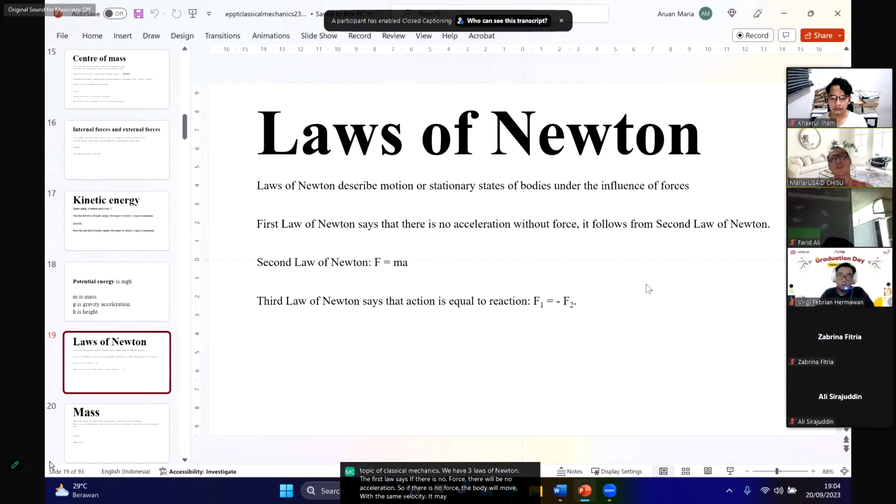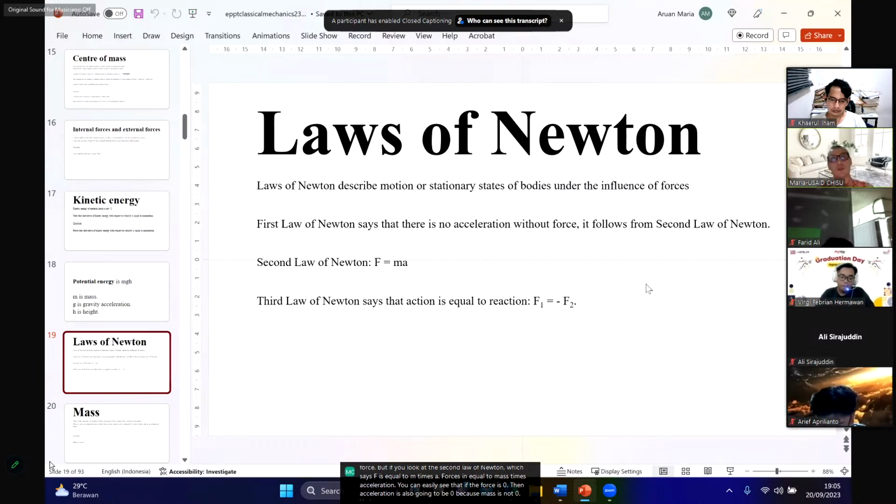It may sound a little bit strange because many people would say in order for something to move with the same velocity, it must be pushed by a force. But if you look at the second law of Newton, which says F is equal to m times a, force is equal to mass times acceleration, you can easily see that if the force is 0, then acceleration is also going to be 0 because mass is not 0.